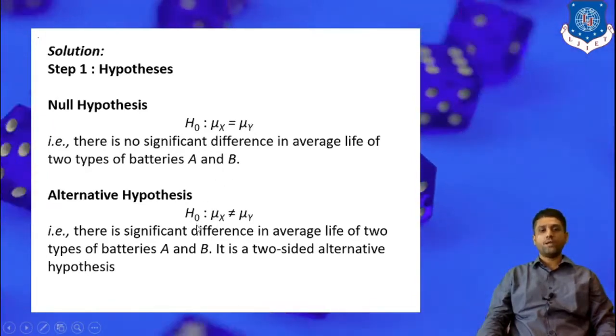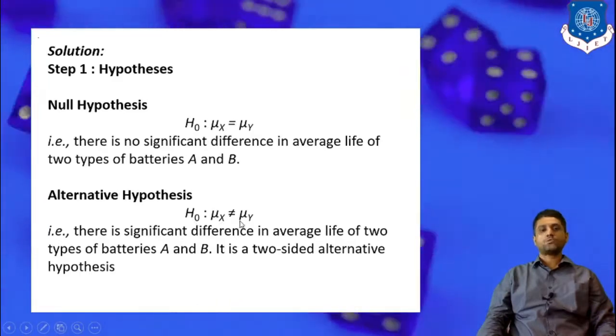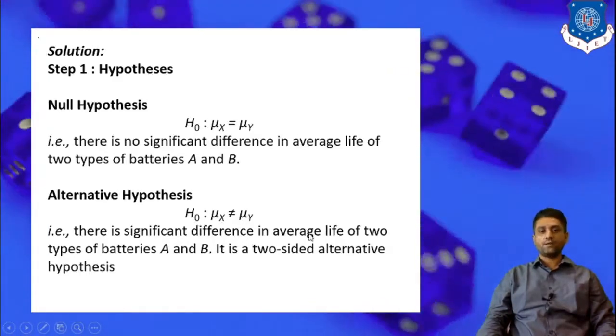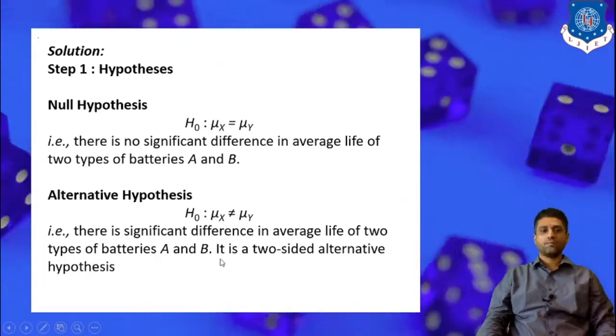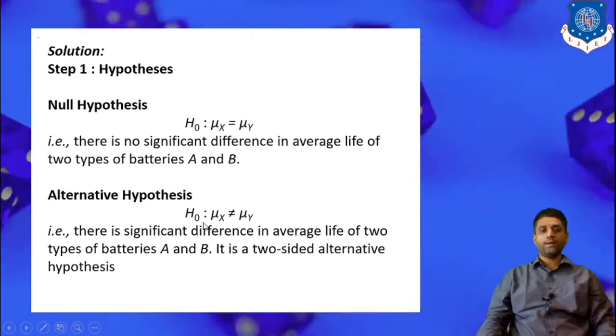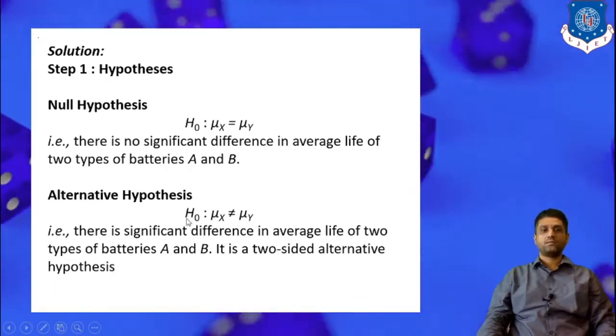That's why we assume the alternative hypothesis H1: mu x not equal to mu y. That is, there is a significant difference in the average life of the two types of battery A and B. So it is a two-sided alternative hypothesis. I will repeat again, this is not H0, consider it as H1, that is HA.